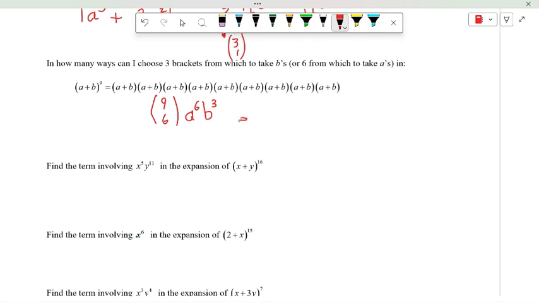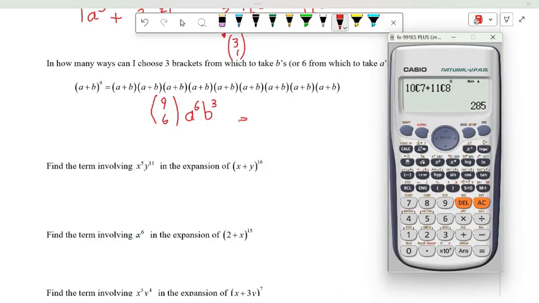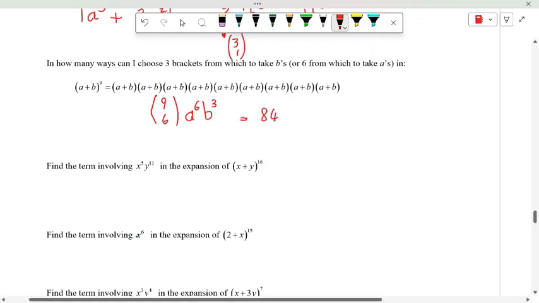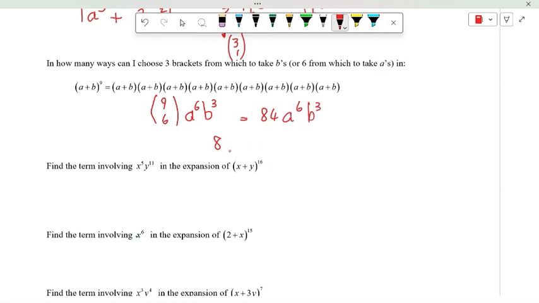It doesn't actually matter. Those 2 things are the same. All right. And if I just go and work out that combination, 9 choose 6, it's 84. So when I expand this thing, there will be a term that's got 84 A to the 6 B cubed. And likewise, there will also be one that's 84 A cubed B to the 6.